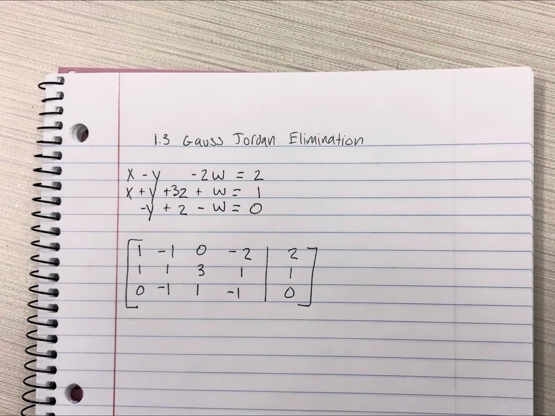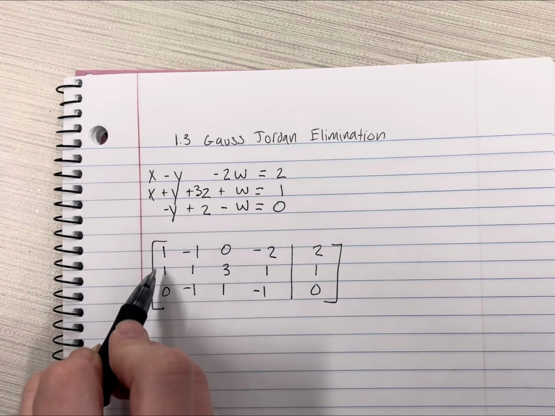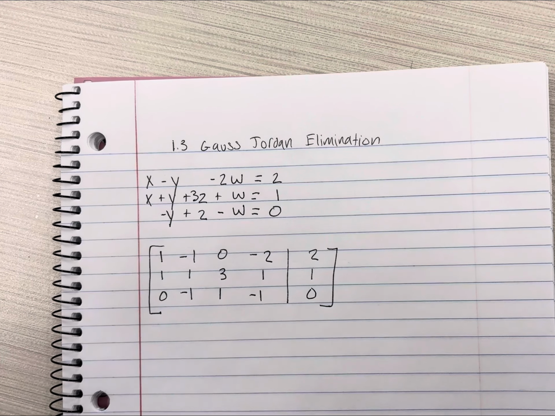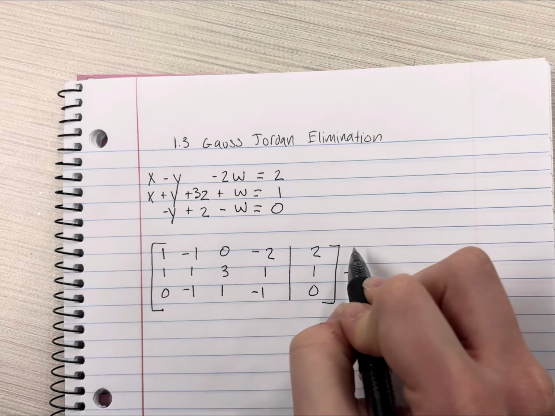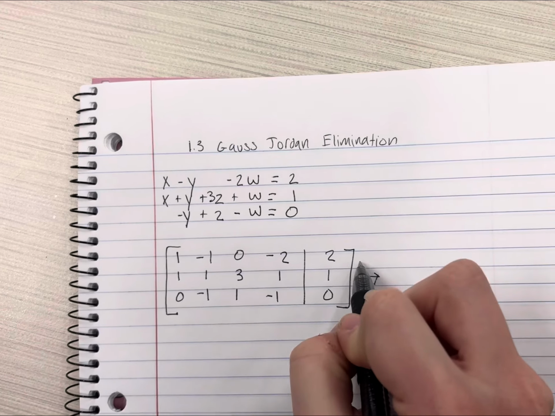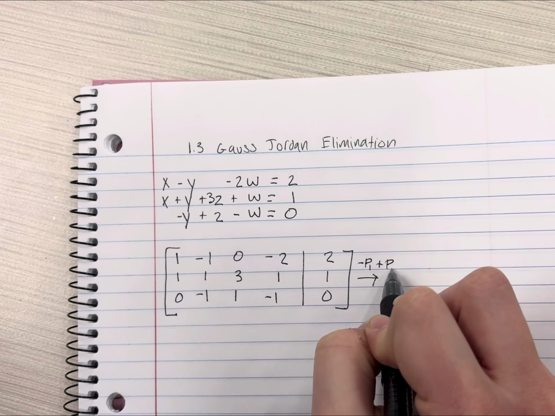So now we want to put this matrix into row echelon form, so we're going to take this diagonal and convert all of these under the diagonal to zeros first. The first thing that we want to do is target this number right here, so we're going to multiply the first row and add the second row.